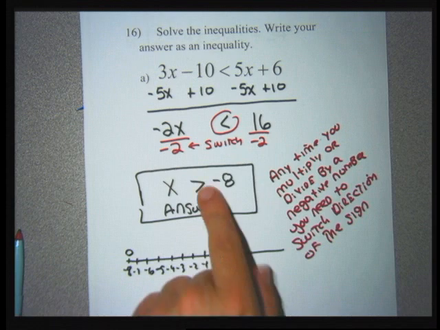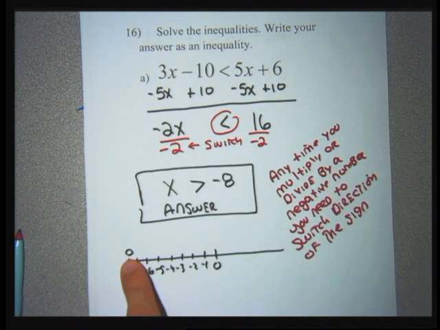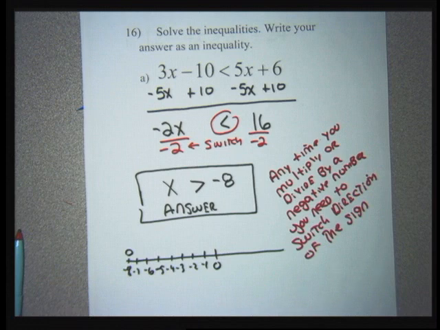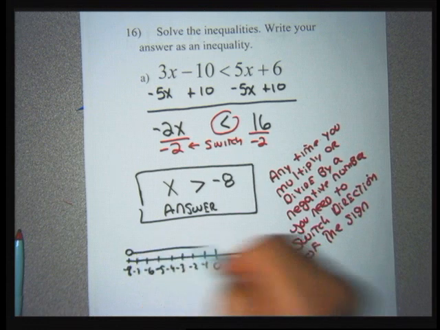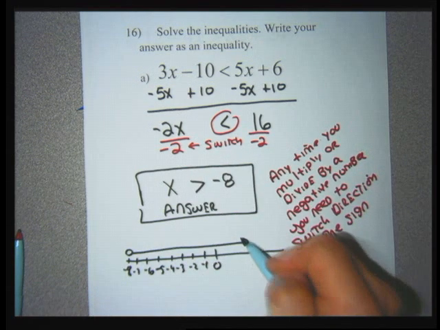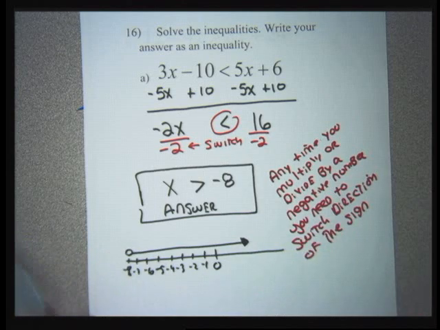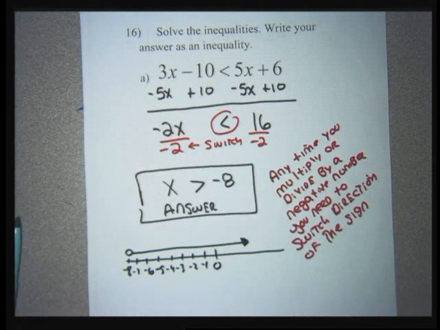And if this said greater than or equal to, there'd be a closed circle there. And then if the variable's on the left, greater than is an arrow to the right, less than is an arrow to the left. So that would be the answer written on a number line. I didn't ask for that, but it's definitely something you need to remember.